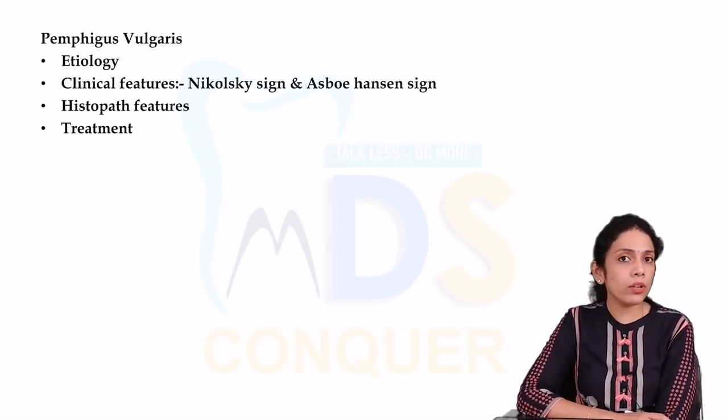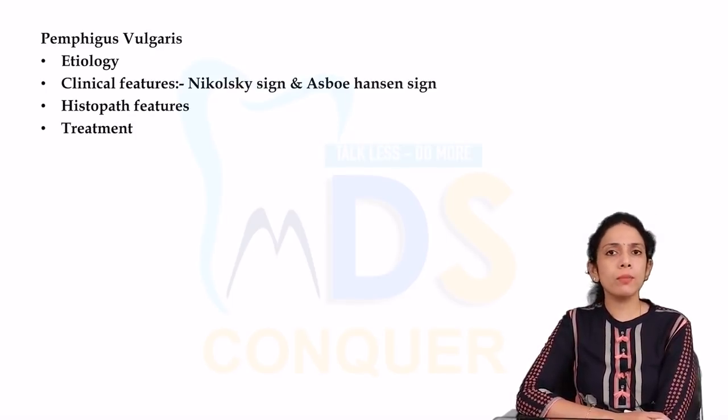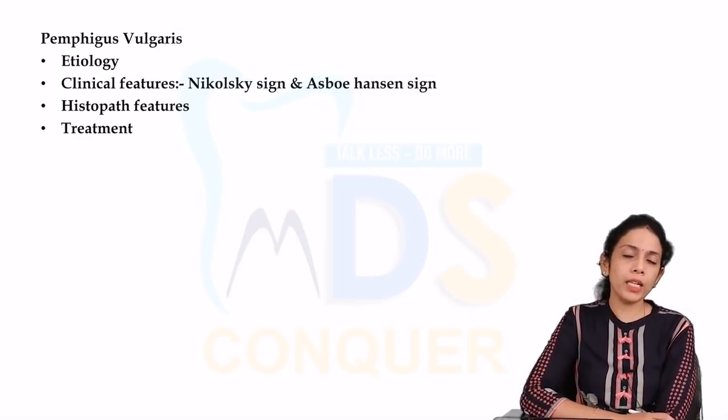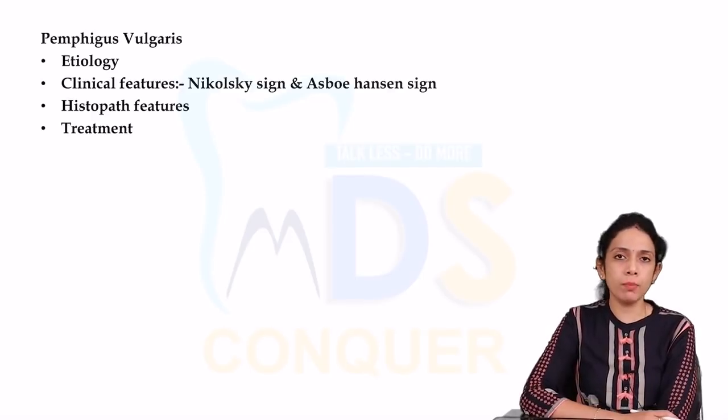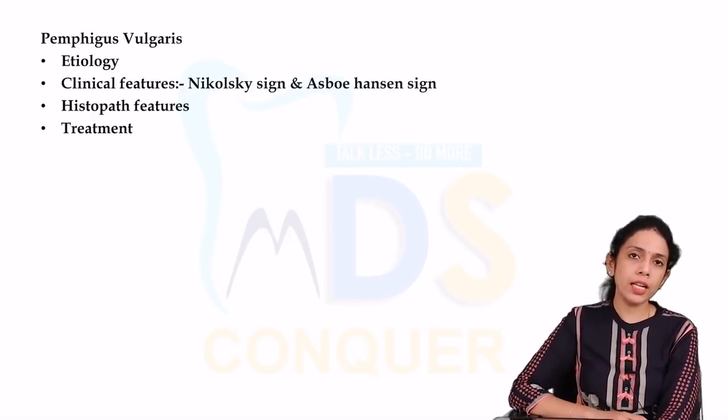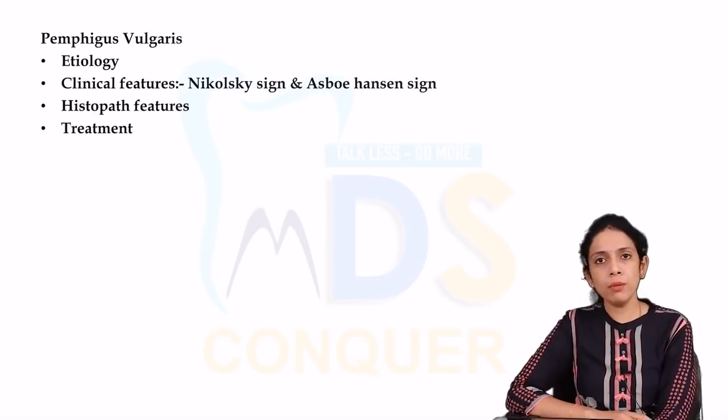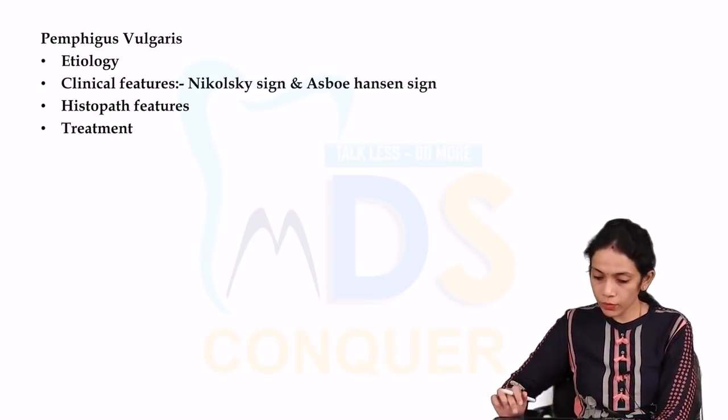That's the reason one of the important treatment modalities for pemphigus vulgaris is corticosteroids. Besides that, you can also give other immunosuppressive drugs, but most commonly in the clinical setting, corticosteroids like prednisone are given systemically. So that is regarding the important points with respect to pemphigus vulgaris.